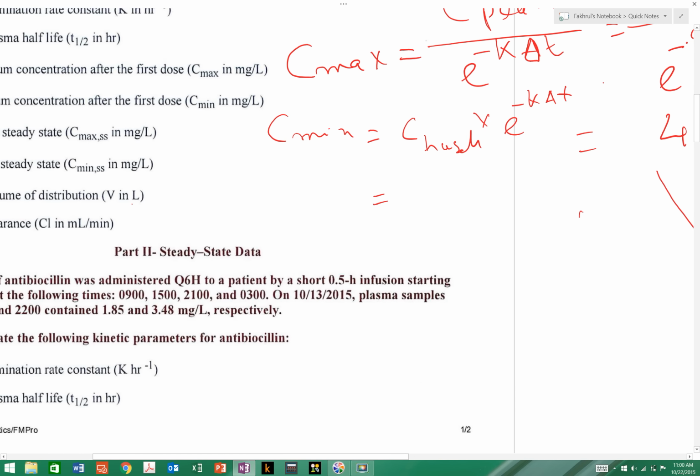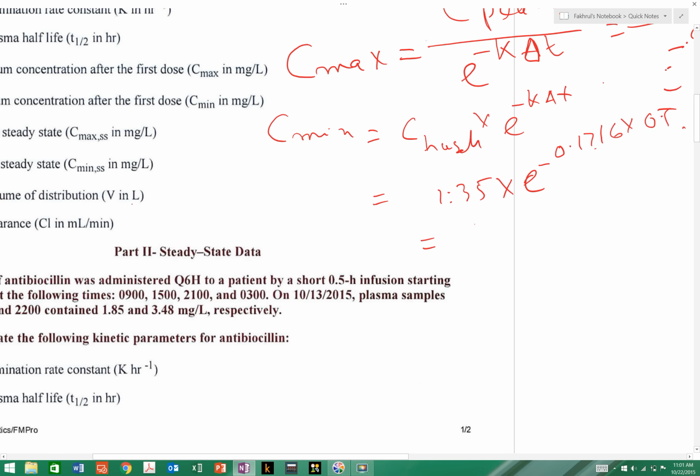C trough is 1.35 times e to the negative 0.1716 times 0.5.